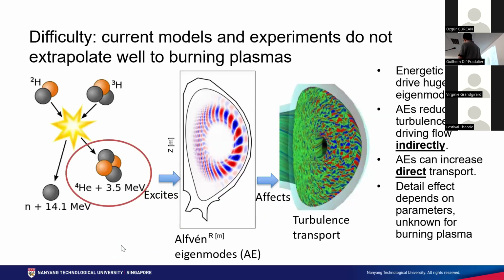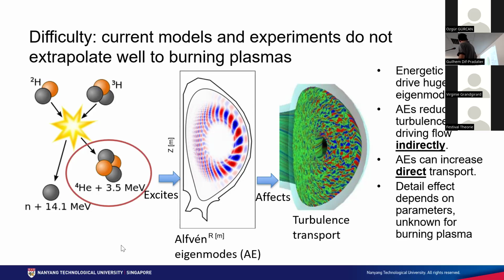Now, what is new in this picture? This picture has been discussed for many years, but in future fusion devices, in ITER or in DEMO, the actual thing that's working, you will get a lot of helium as a product of the reaction between deuterium and tritium, and this helium is very high energy.